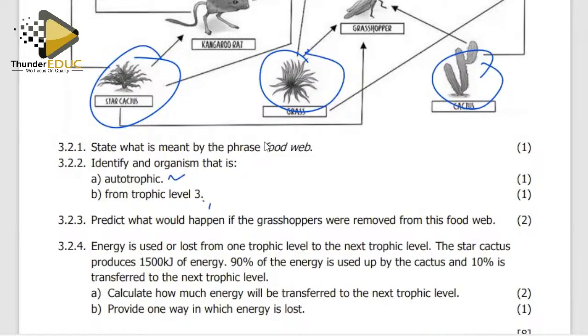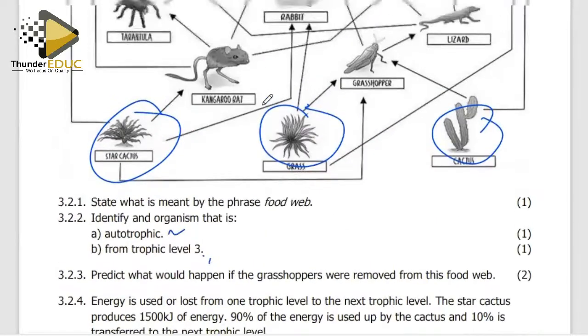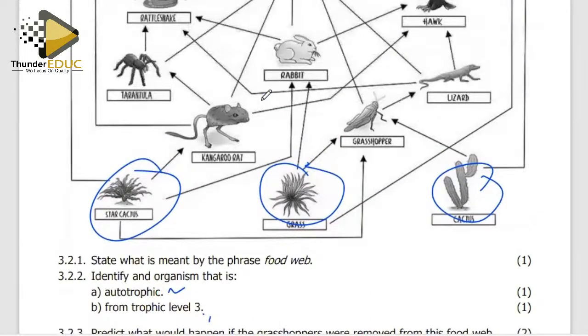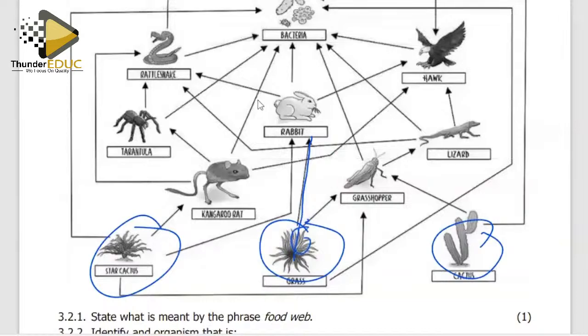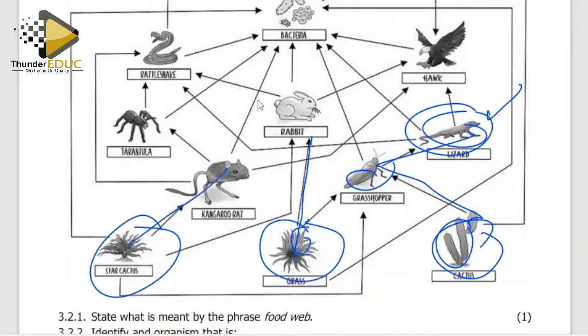Identify an organism in the third trophic level. Here you can talk about anything like lizard, hawks. Because it's one, yes, it's two. See, so it's first, second, third. So you just look at it. It's one, it's two. So 1, 2, 3. So this is the correct one. Then you look at 1, 2.